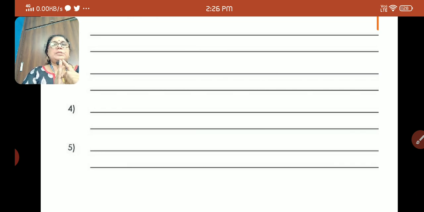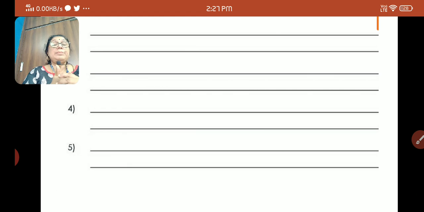The fourth one is the comma. A comma is a smaller pause while reading, and it is used to list 3 or more items or things.